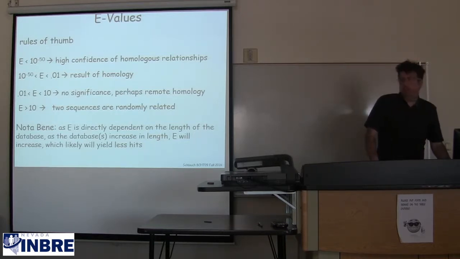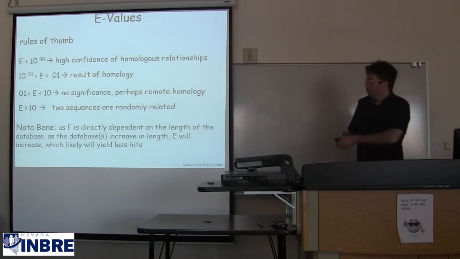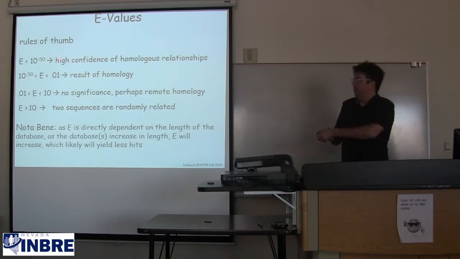And this is all dependent on a lot of factors, including the length of your query sequence, the composition of your query sequence, the size of your database that you're searching, and no 2 e-values from a mishmash of methods are directly equivalent, but we generally like to see really, really small e-values.